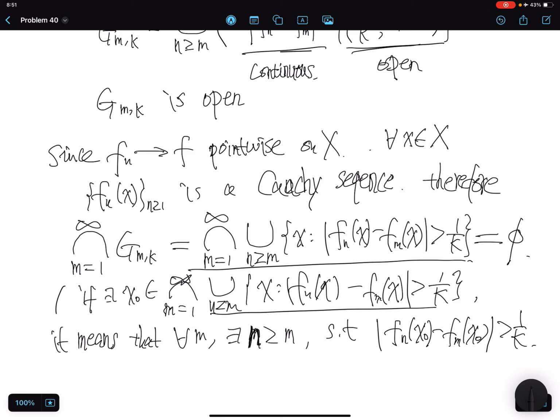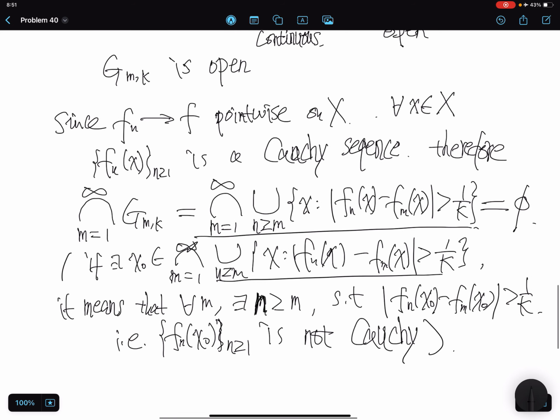So this sequence f_n(x_0) is not Cauchy. So it cannot be a fundamental sequence. So the intersection of this open set has to be empty.